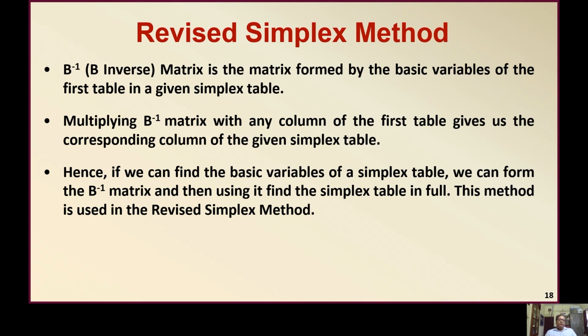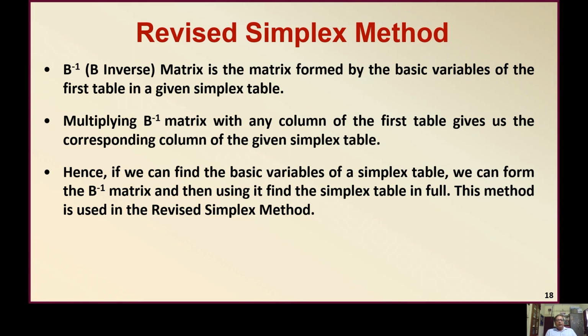So from that basis matrix, we can invert the matrix and get the B inverse matrix. If we follow the usual simplex procedure, obviously the simplex procedure itself will invert the matrix. But in the revised simplex method, we have to find out the variables of the basis, then form the basis matrix and actually invert it.